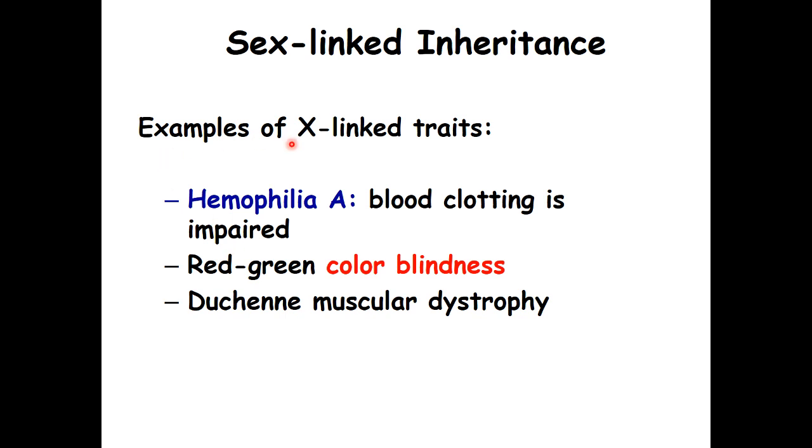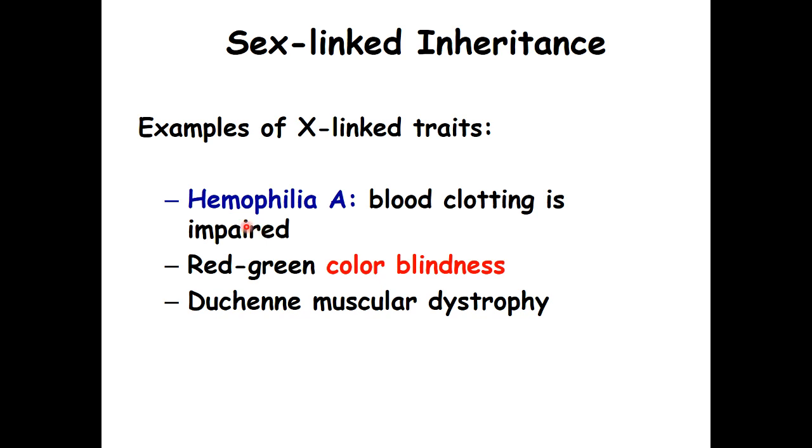For example, all these X-linked diseases we're going to talk about, especially the first one, occur specifically or mostly in males because of that one X, or the hemizygote genotype.